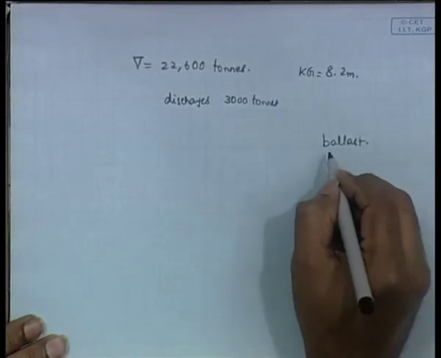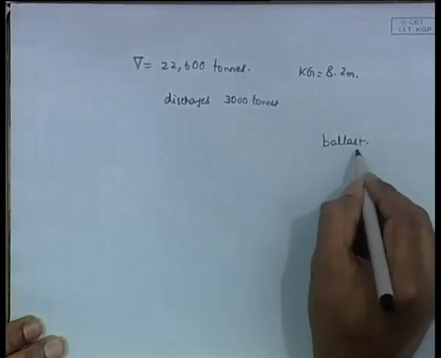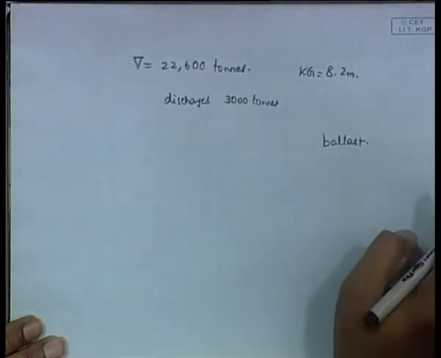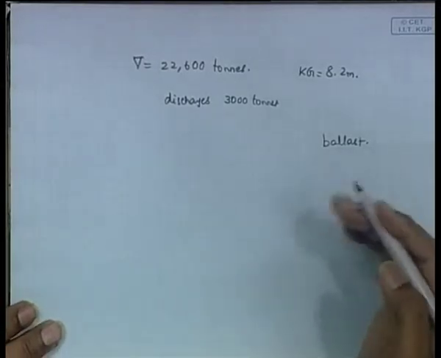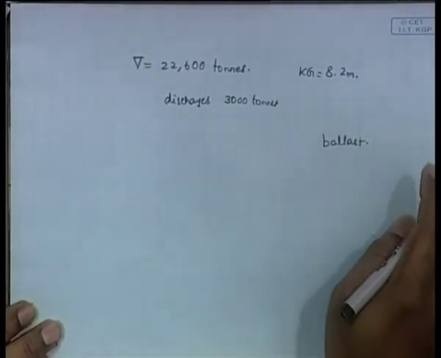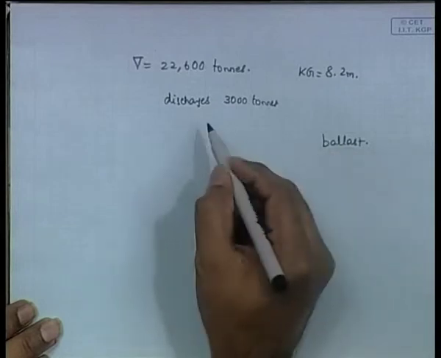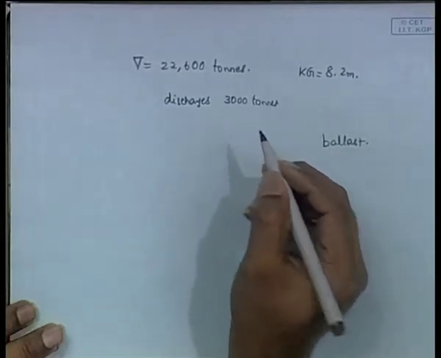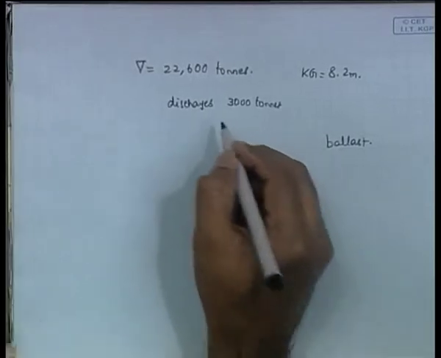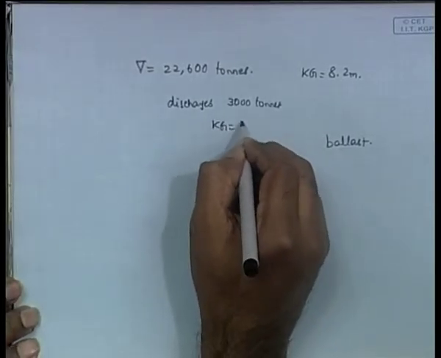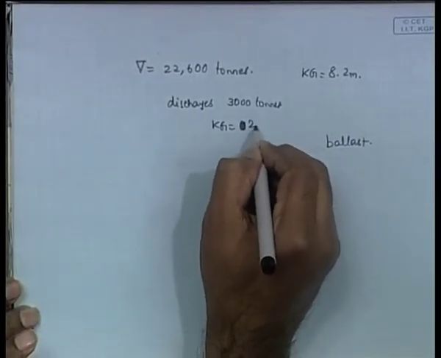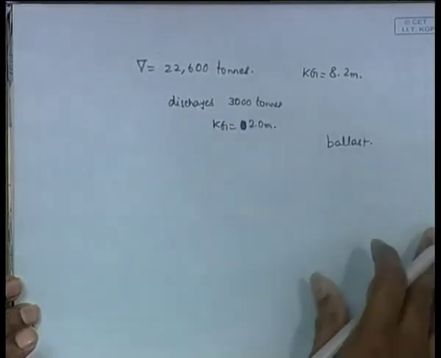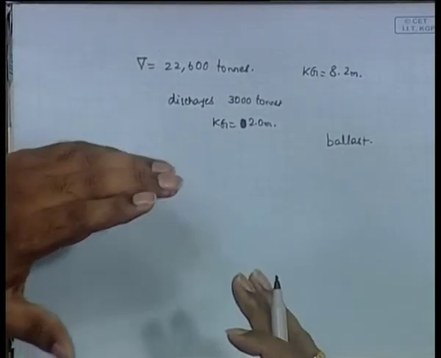So I'll just explain this. You will take in water and leave it, and that water is also called ballast, so ballast water. It says that it discharges 3,000 tons of ballast, and the KG of that ballast is 2 meter. This is just to find the net KG.